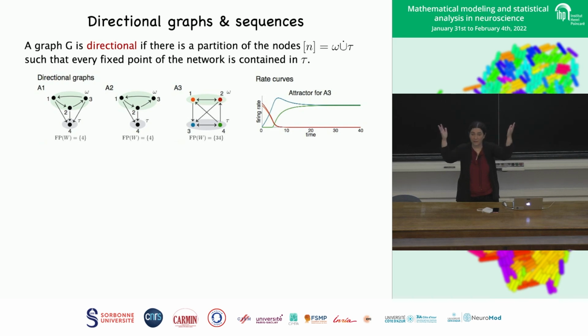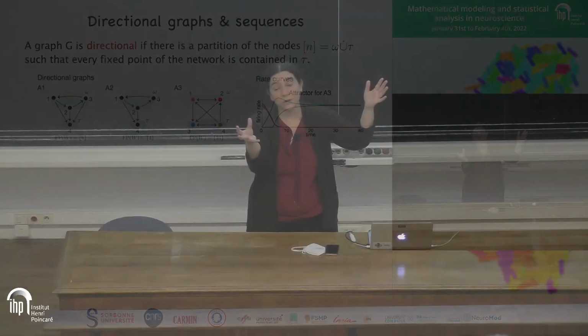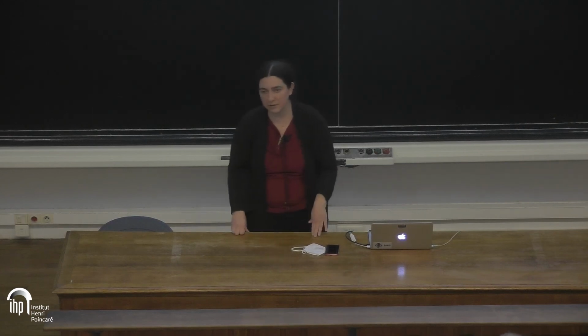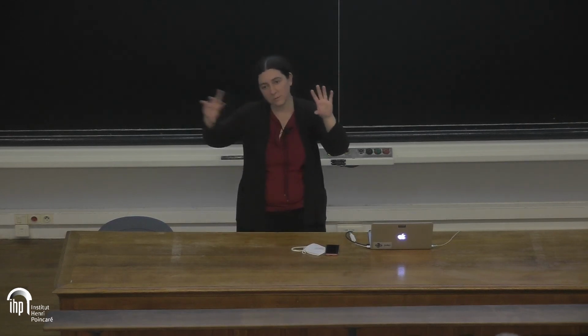So you have a large network, but all the fixed points, stable and unstable, are supported on some subset. What we observe, and this is heuristic, is that the activity tends to collapse onto that subset. Then you string many of these together and you get a cascade. This is a cartoon example of that, and yes, we can say a lot in those cases.